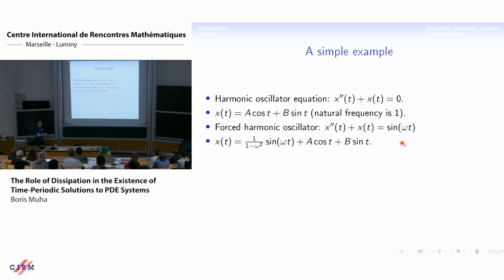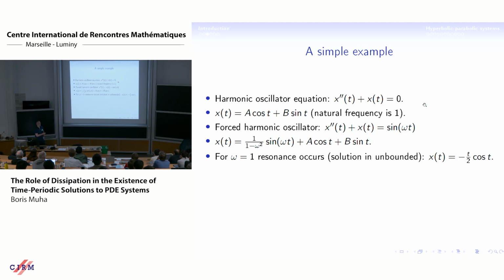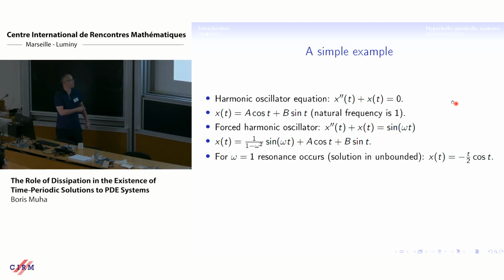And if the forcing has frequency omega, you see when omega goes to 1, it blows up. And this is called resonance. So if you hit your equation with forcing at the natural frequency, you have an unbounded solution. Saying it in other words, you have periodic forcing, but no periodic solution.